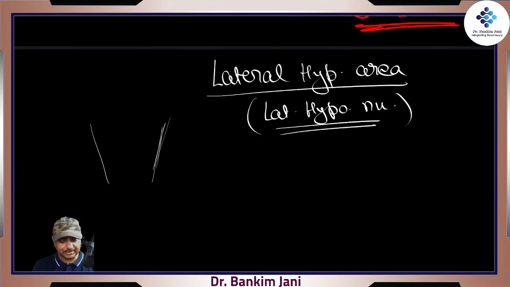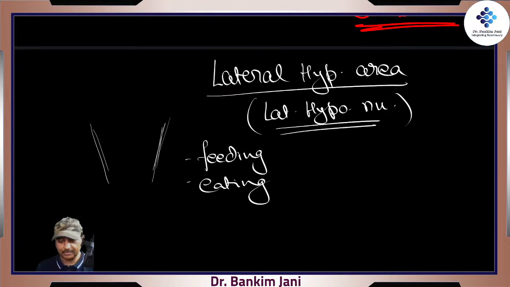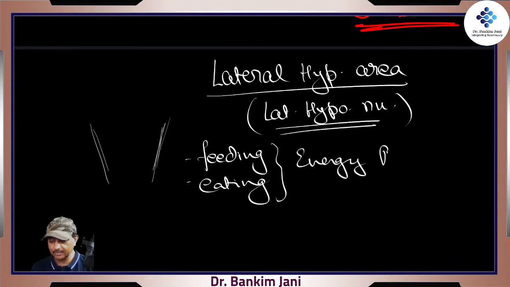These are called the lats, the latissimus dorsi, right? When you go for the latissimus dorsi, after that, what do you feel? You feel hungry. So this is for feeding, for eating, basically energy balance.